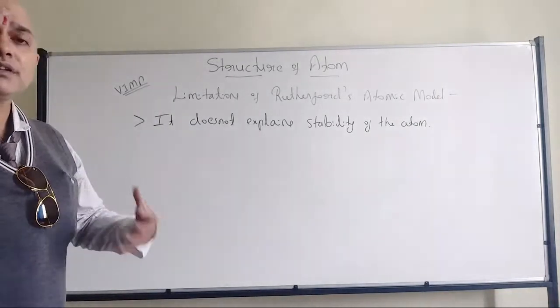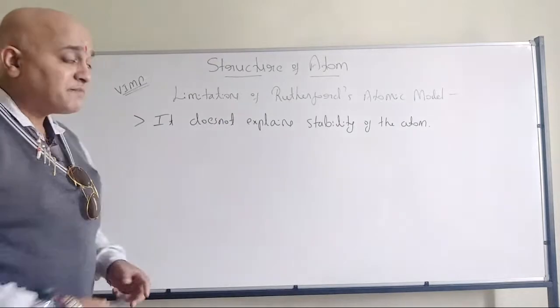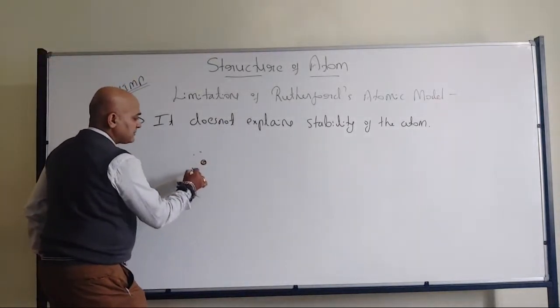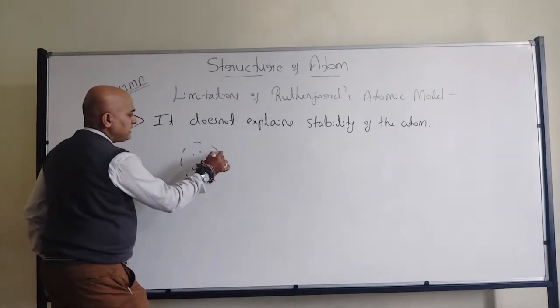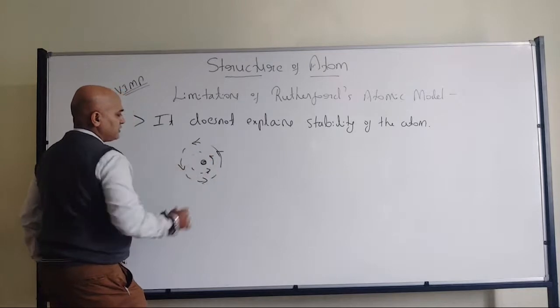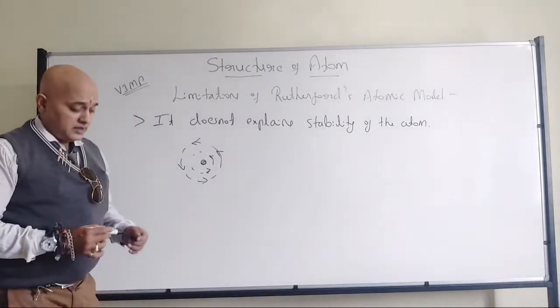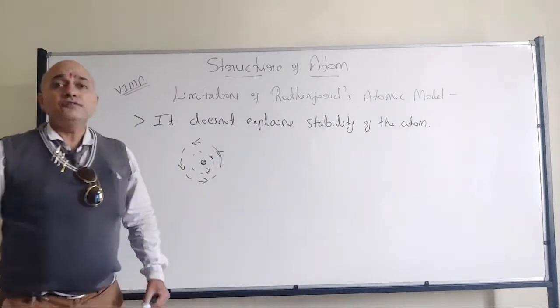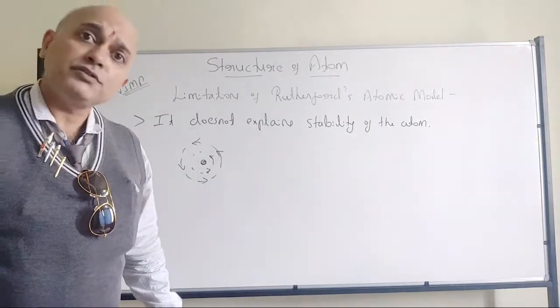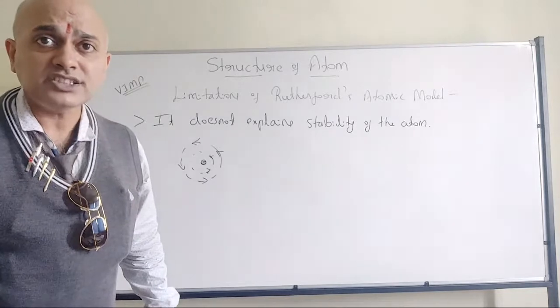The reason why we are talking about stability, because what he told that there will be a nucleus and electrons will be revolving around the nucleus. That's what he told, right? Now we know that when a charged particle, electrons are charged, right? And even Rutherford was knowing that electrons are charged.